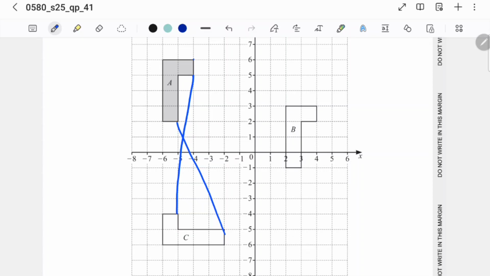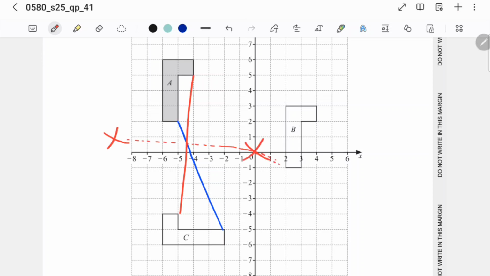Wherever the perpendicular bisectors meet, that is the center of rotation. So let's start. I've joined this corresponding point and the other one. Now we are going to draw the perpendicular bisector of these two lines, and wherever they meet, that is the center of rotation.